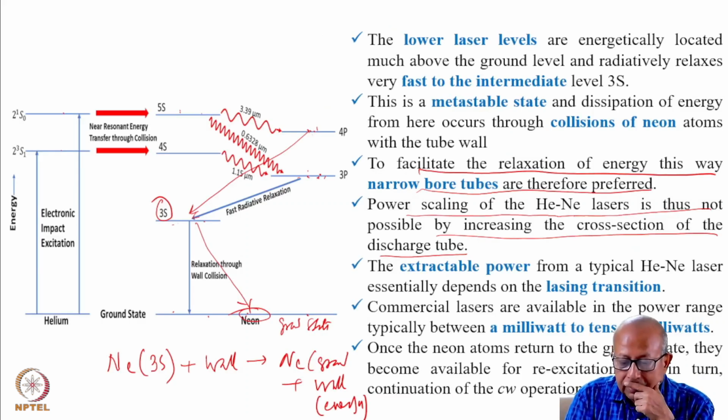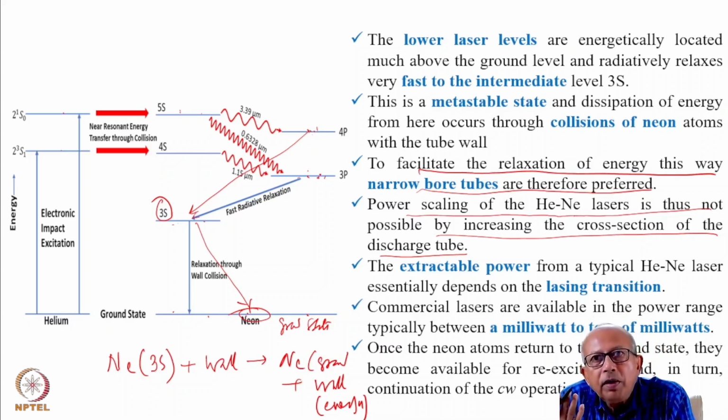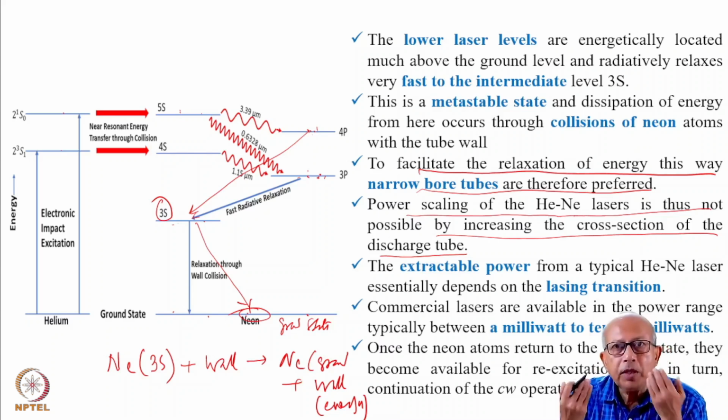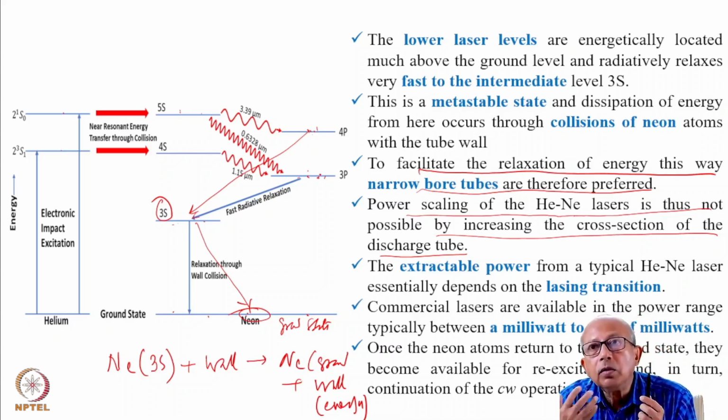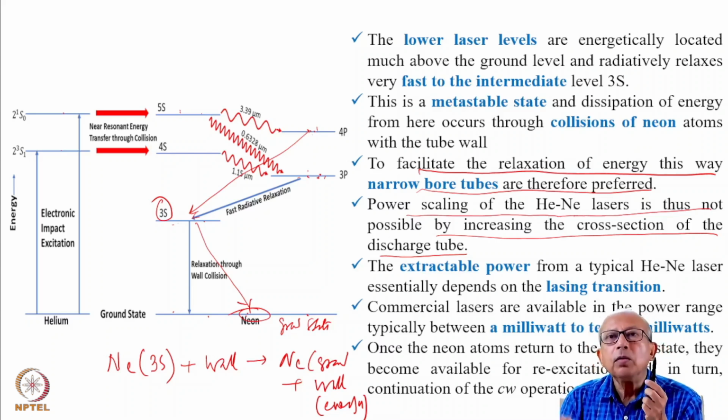However, in this case, you cannot increase the power by increasing the operating pressure, because if you operate at a higher pressure, you would not be able to obtain glow discharge under continuous operation. As you increase the pressure, obtaining glow discharge is not possible for continuous discharge.